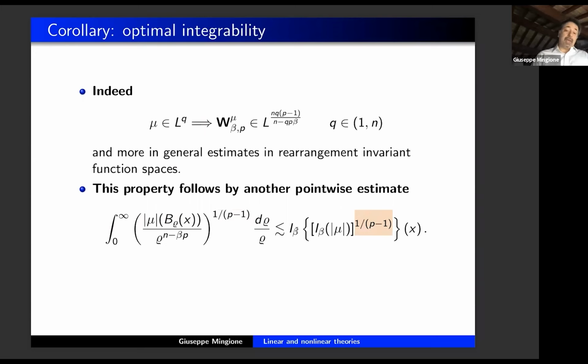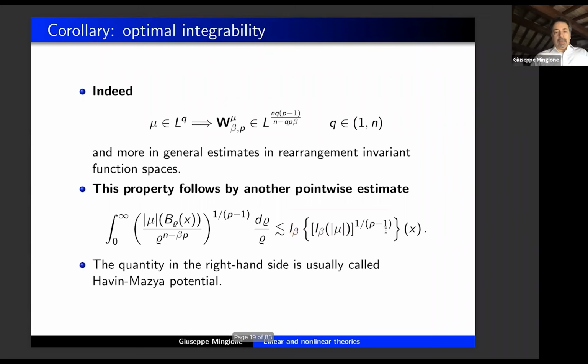On the other hand, the behavior of Riesz potentials is known, therefore this composition has a well-determined behavior. And in fact, the right-hand side quantity is usually called Hedberg–Wolff potential.